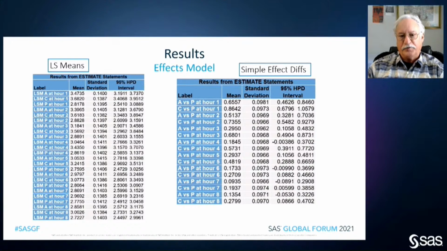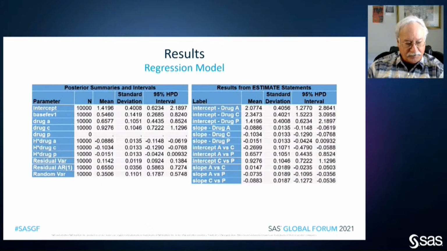So you can see that for the first 3 hours, the HPD intervals have both drugs above the placebo, but by the time you get to the 4th hour, the A is beginning to show no difference between it and the placebo. And that pattern, there's a little blip at hour 5, but then at hour 6, hour 7, and hour 8, you see the same thing going on. So it looks like the C is actually the better treatment of these, looking at these simple effects.